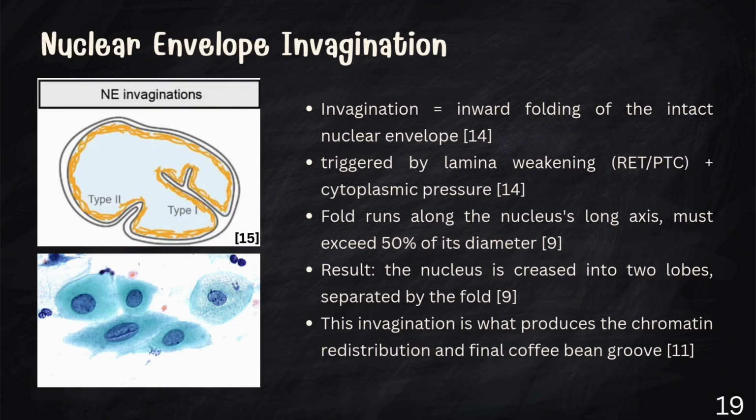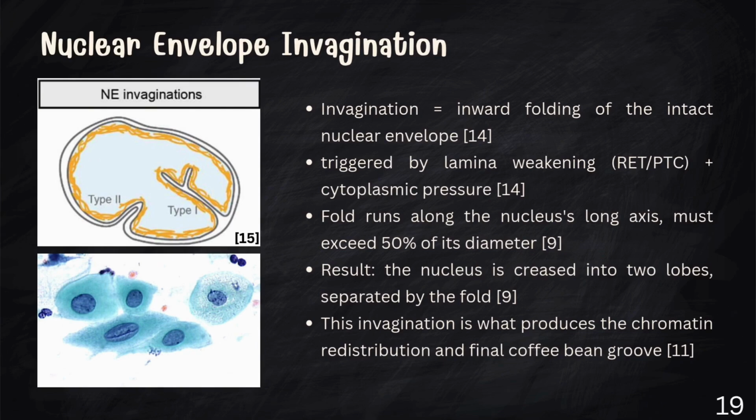One important consequence is disruption of the nuclear lamina, a protein network mainly composed of lamin A/C and lamin B proteins. The nuclear lamina normally provides mechanical strength and maintains the smooth, rounded shape of the nucleus. When the supporting framework becomes weakened, the nuclear membrane loses its rigidity.